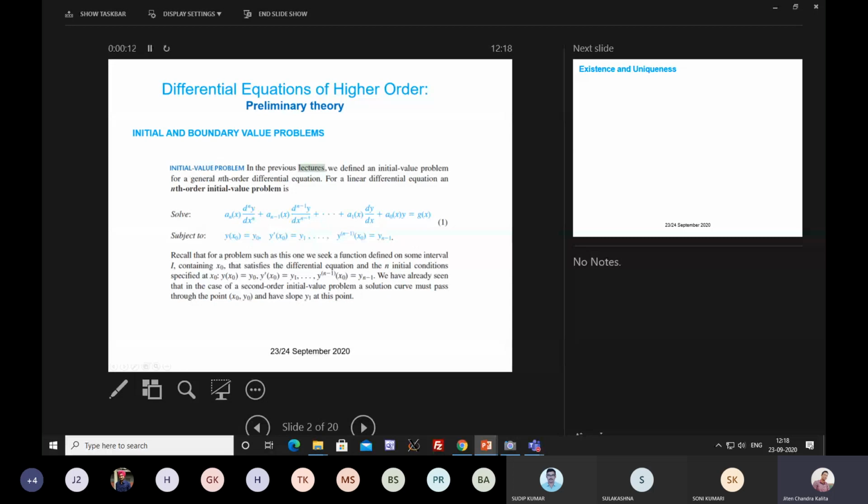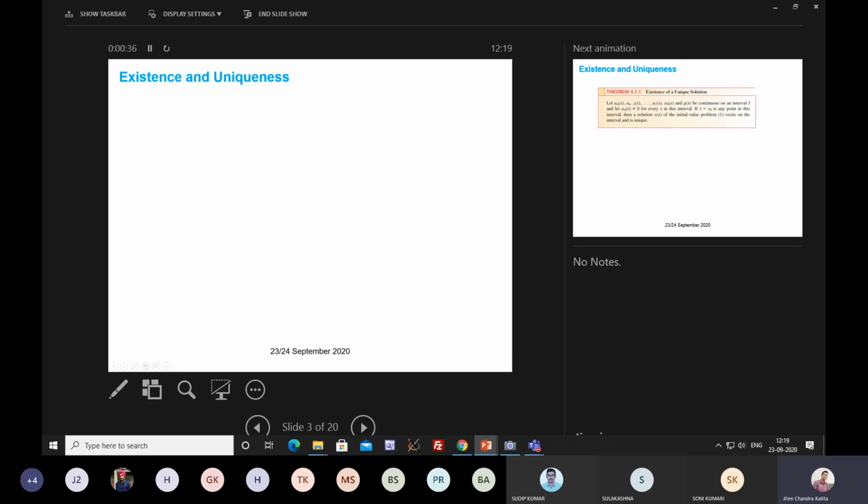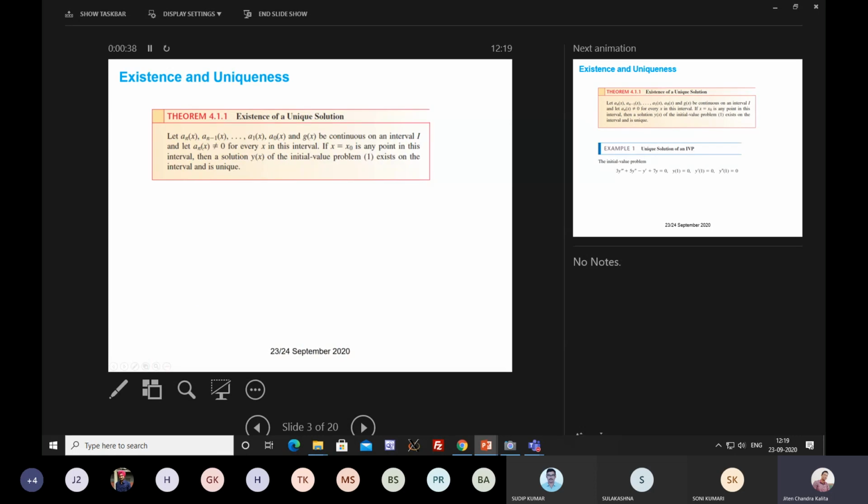Equation number 1, subject to all those conditions, talks about an interval I, which I can take as a closed interval a comma b. Now let me see this existence and uniqueness. This is the existence and uniqueness theorem for the nth order ODE.